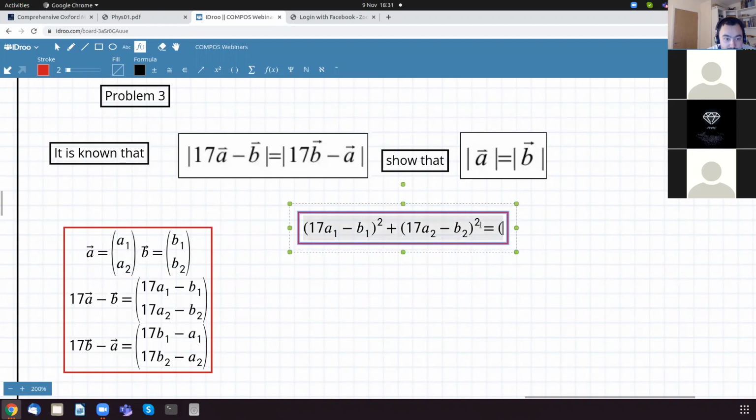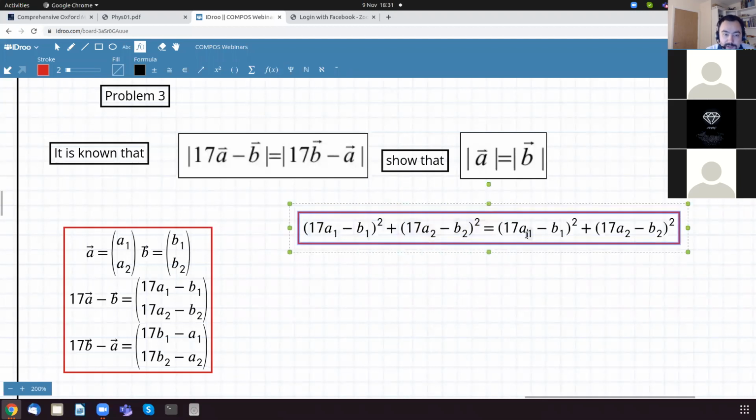And I'm just going to do the short way: (17b1 minus a1) squared plus (17b2 minus a2) squared. Yes.